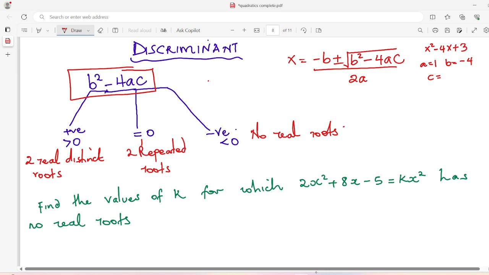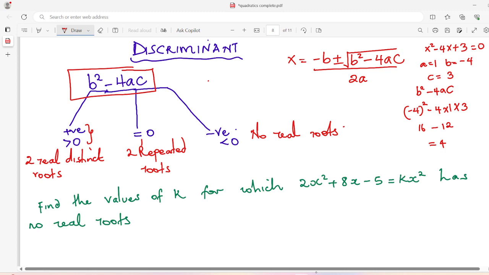So if I substitute in the discriminant, I'll end up having negative 4 squared minus 4 times a, which is 1, times c, which is 3. So I end up having 16 minus 12, which gives me 4. So if the discriminant is positive, if it is greater than 0, it means that quadratic equation can be solved to give us two solutions.